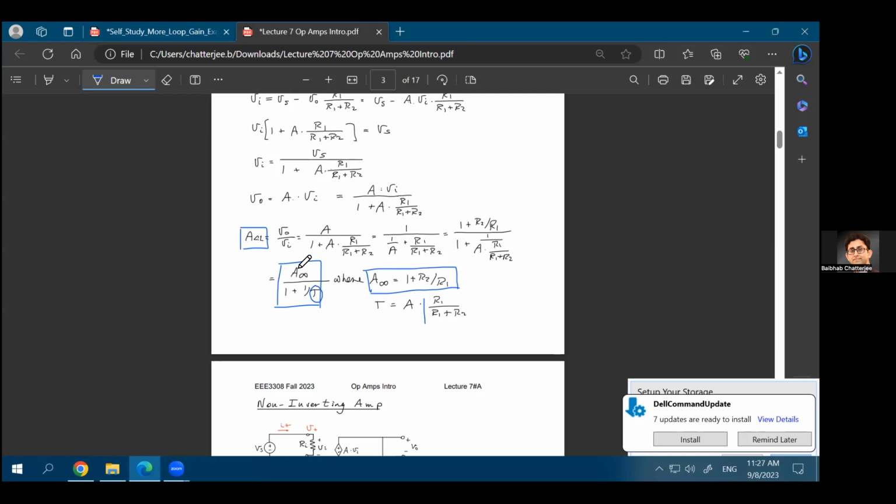A times beta is the loop gain, or in some books you'll find this being called open loop gain. Why open loop? Because if you have both A and beta in your signal path but you don't connect it back, if you don't close the loop, then it's called open loop. That's why A multiplied by beta is called a loop gain or an open loop gain.